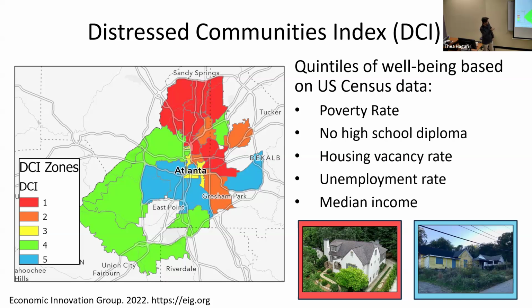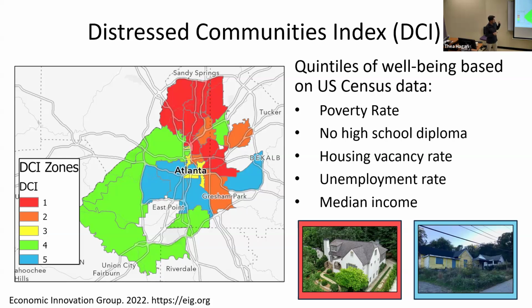And so what this shows is that, so the index, number 1 is the most economically prosperous, and number 5 is the most economically distressed. And in Atlanta, that really plays out from like a northwest side of the city is economically prosperous, and then this central to southern side of the downtown area is economically distressed.